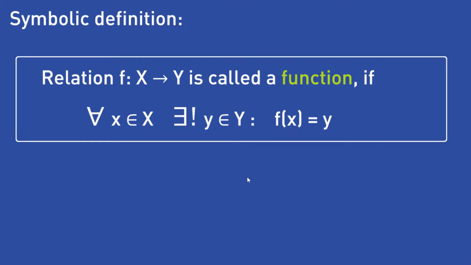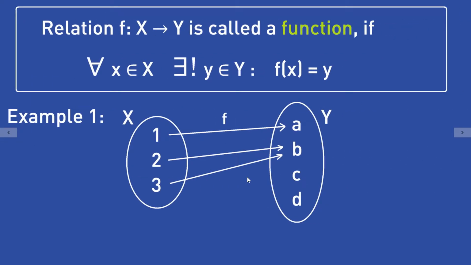Let's take a look at some easy examples now. In the first example, the set X contains the numbers 1, 2, and 3. The set Y contains the characters a, b, c, and d. The relation f associates elements from the set X to elements of the set Y, which you can see in this picture here.